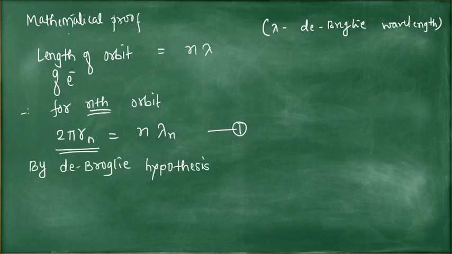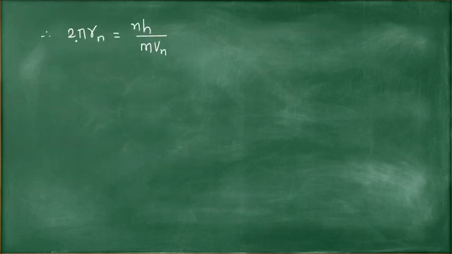Next we will solve by de Broglie hypothesis. Lambda is equal to h by p, h upon mv, just we have seen this hypothesis. So 2 pi Rn equals nh upon mvn. So only this is substituted, n lambda instead of lambda, h upon mv, and for nth orbit it is written as vn.